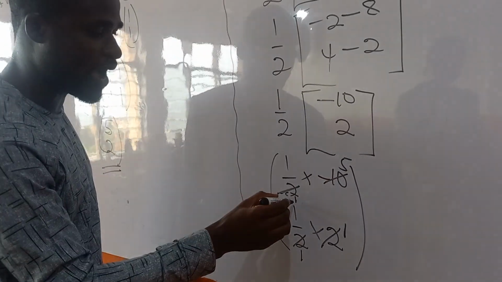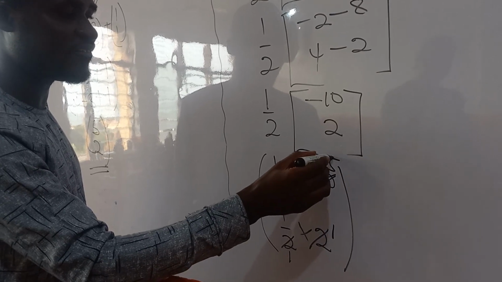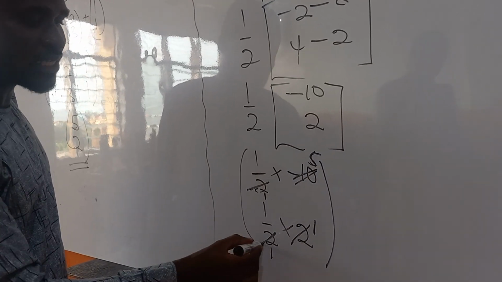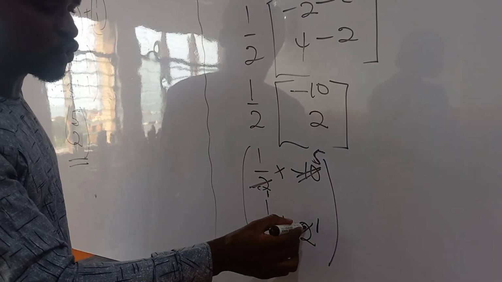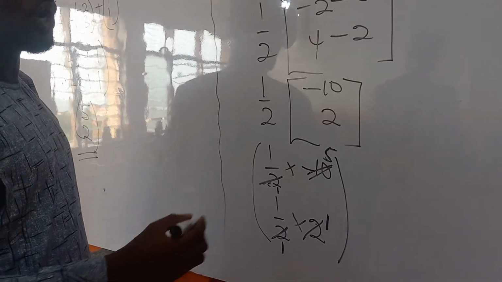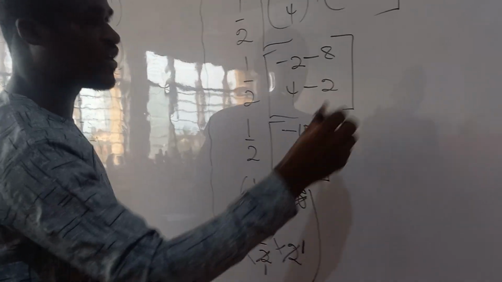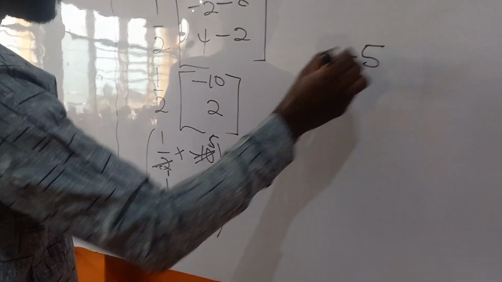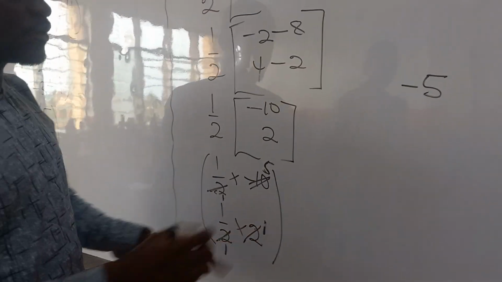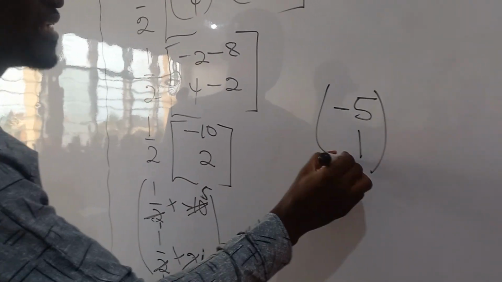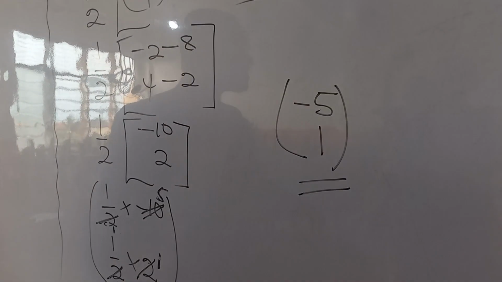So we are going to have 1 times negative 5 give us negative 5. Then 1 times 1 give us 1. So this is our final answer.